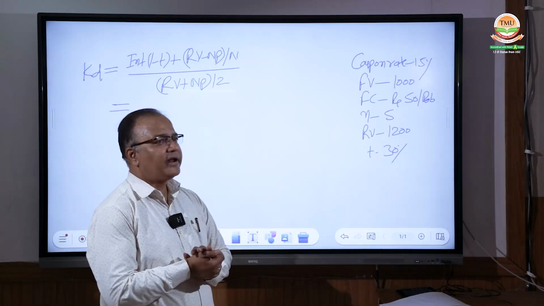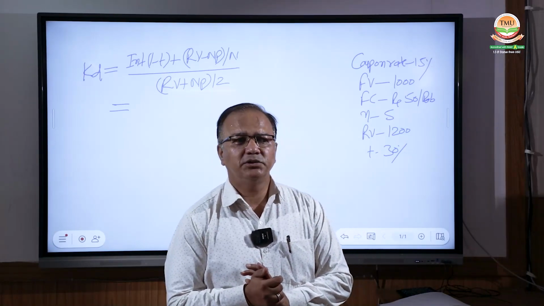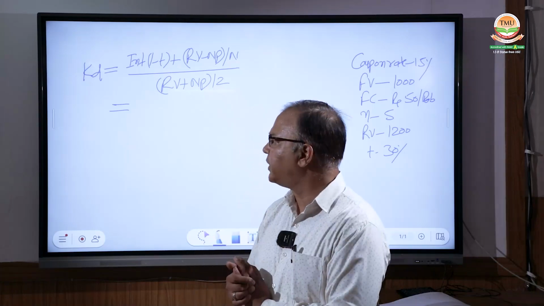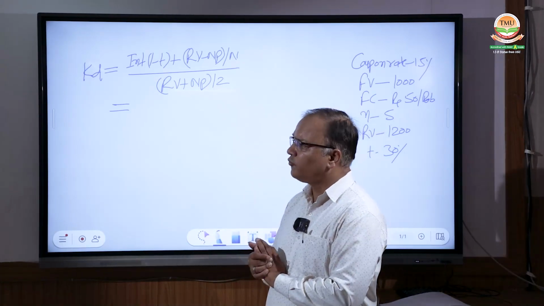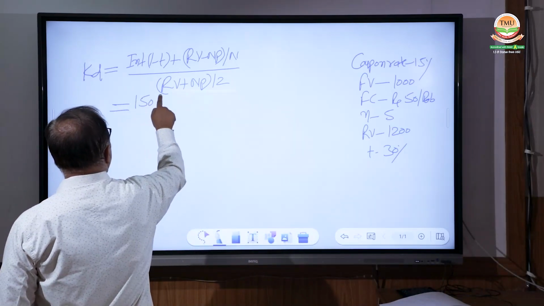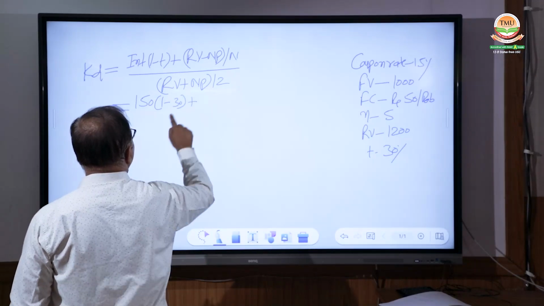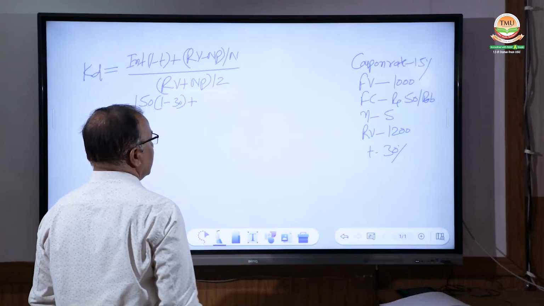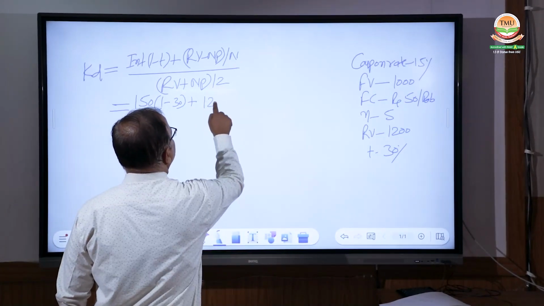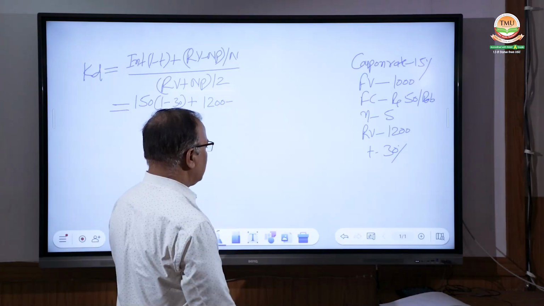Now, interest is given 15% of face value. In this question, face value is given rupees 1000. So 15% of 1000 will be 150 into 1 minus 0.30 plus redemption value given in the question is 1200 minus net proceed. Net proceed you have to calculate.